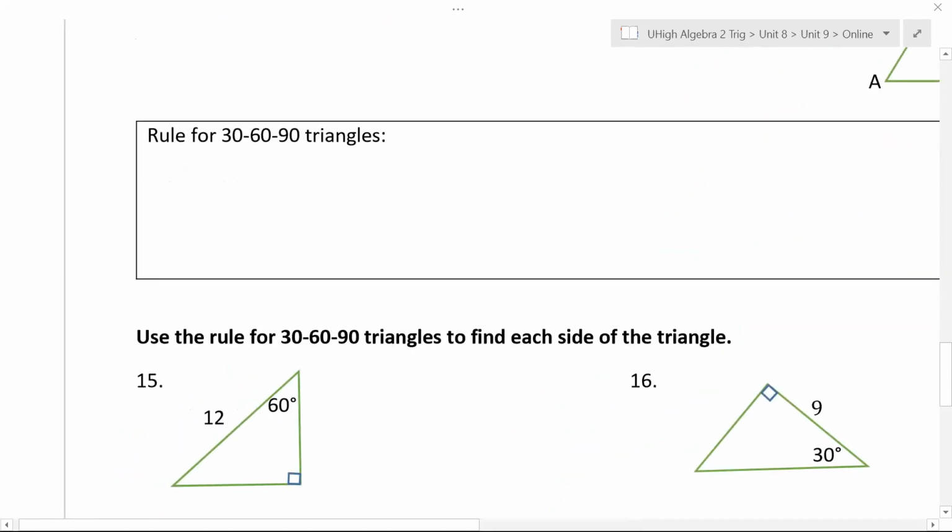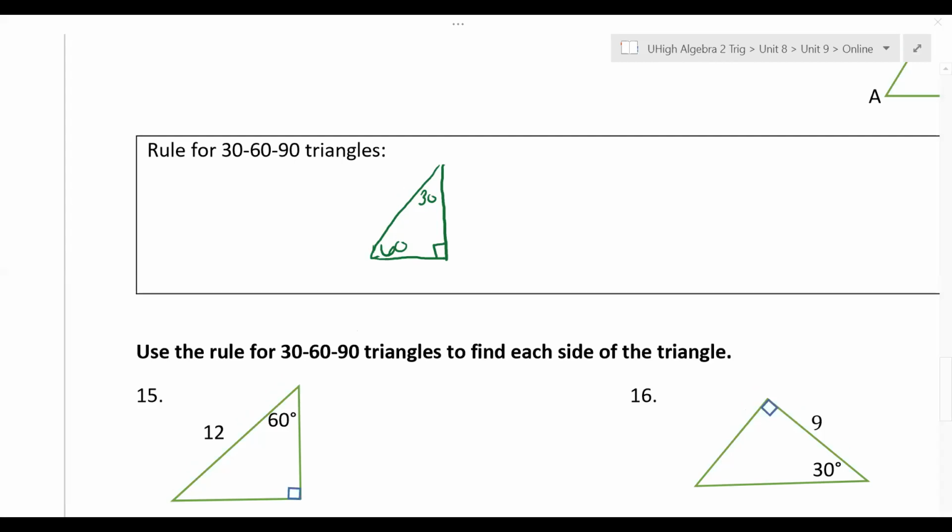So if I have a 30, 60, 90 triangle, I'm going to go ahead and draw that out. My 90, 30, and 60. And when you guys do number 14, you'll see kind of where these ratios are coming from.